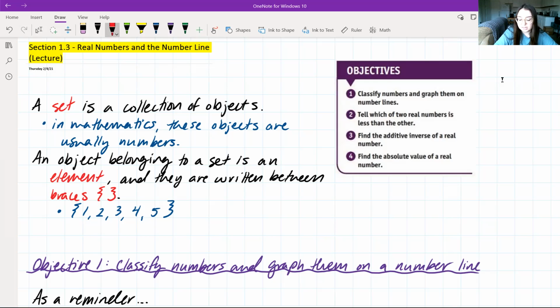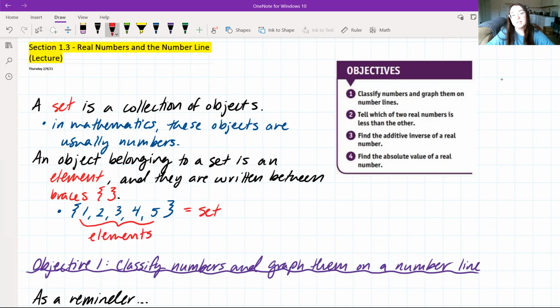The main thing to identify here is that because we have the numbers 1 through 5 in our curly braces, this is a set. We have a set of the numbers 1 through 5. And our numbers 1, 2, 3, 4, and 5, these are our elements.